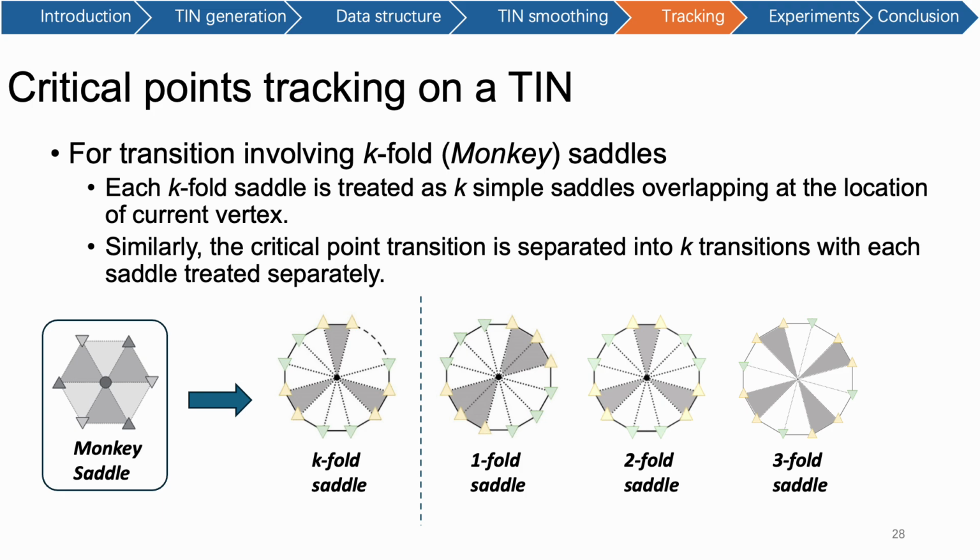In our method, each k-fold saddle is treated as k simple saddles overlapping at the location of the current vertex. In case of regular meshes, you will have 1 and 2-fold saddles, which makes it easy to consider all possible transition cases as shown. Well, for TINs, we have to further consider each saddle separately, leading to multiple transitions when an edge flip happens.